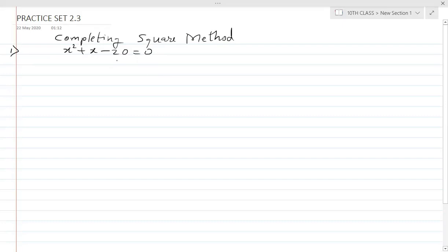So what you have to do, you have to make this a complete square. For that purpose I am going to find the third term.